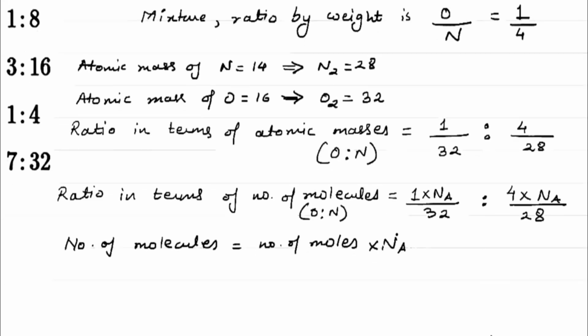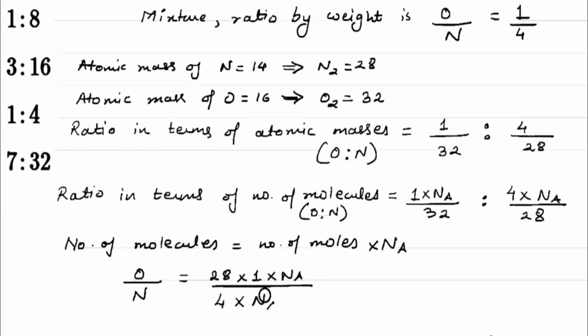So in that case, what we do is we cross multiply. That is oxygen upon nitrogen is equal to 28 into 1 into Na upon 4 into Na into 32. Na gets cancelled. This would be 7 and this will give me 7/32.